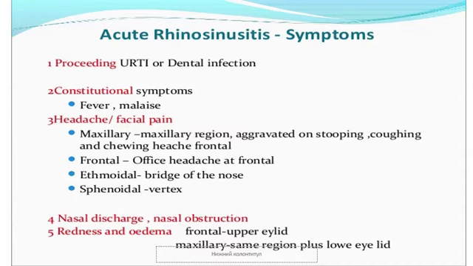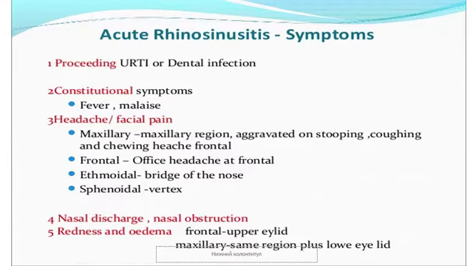The symptoms of acute rhinosinusitis are constitutional symptoms: fever, malaise, and headache, and facial pain is a very common symptom. In maxillary sinusitis, pain is in the maxillary region and aggravated on stooping, coughing, and chewing.